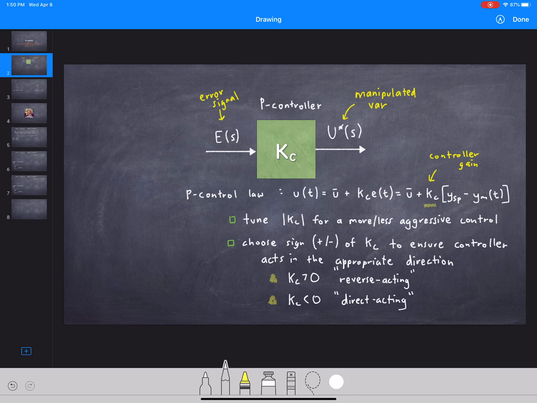And it's sort of odd that it's called reverse acting when Kc is positive. But the reasoning behind this is because this definition is based on the measurement, not the error.